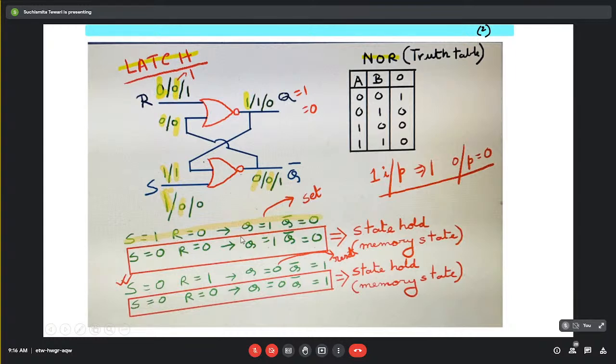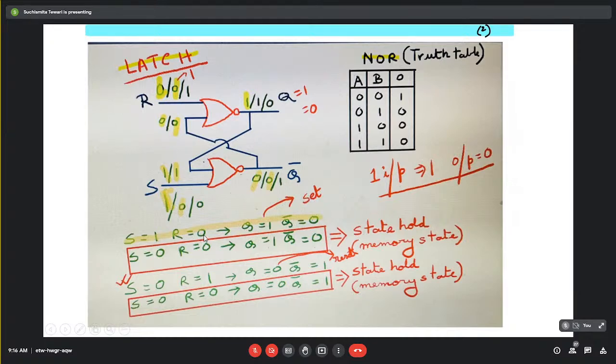So we are getting Q is equal to 1, Q bar is equal to 0 for this R and S input, when I am giving S is equal to 1 and R equal to 0. So one of the combinations is done over here. For the time being, please ignore this set and reset thing. A bit later, I am coming to that.